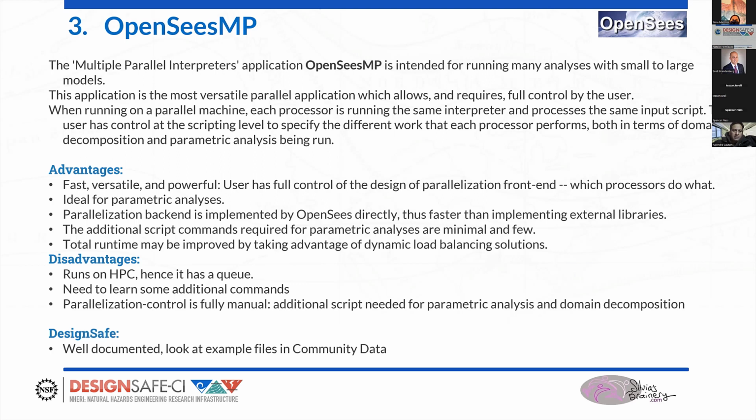And so you need to do some additional scripts for managing your analyses, which is why I was a big proponent to introduce the interactive OpenSees machine that I'll talk about afterwards, where you can test your OpenSees model, especially the OpenSeesMP, make sure that you're doing things the way you want to in a small scale, and then you can go to larger scale by submitting to the web portal, and then even larger by going to HPC.